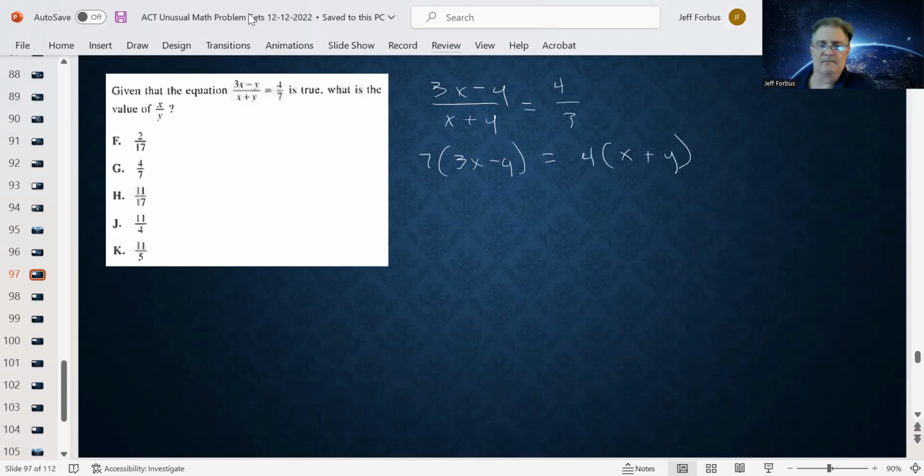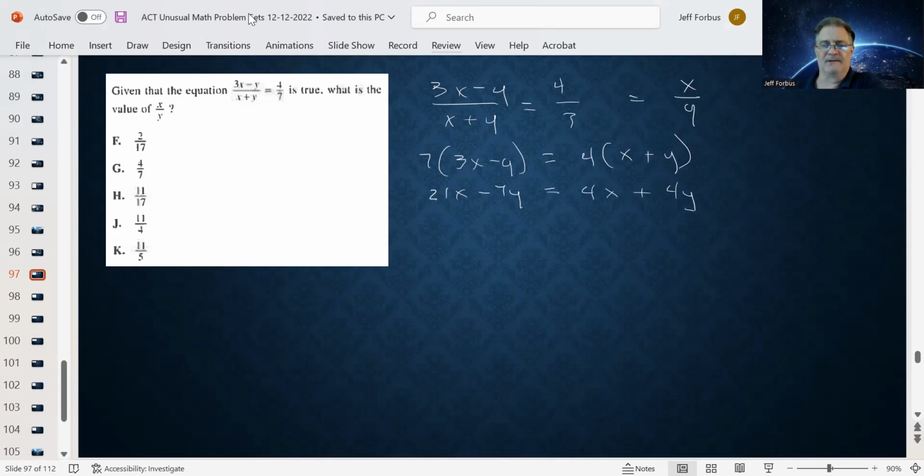Okay, now let's do the mechanics of the math. 7 times 3 is going to be 21x. 7 times -y is -7y. 4 times x is 4x. 4 times y is 4y. Now we're trying to get this to where it's going to give us x over y. So we want to play with our common terms.